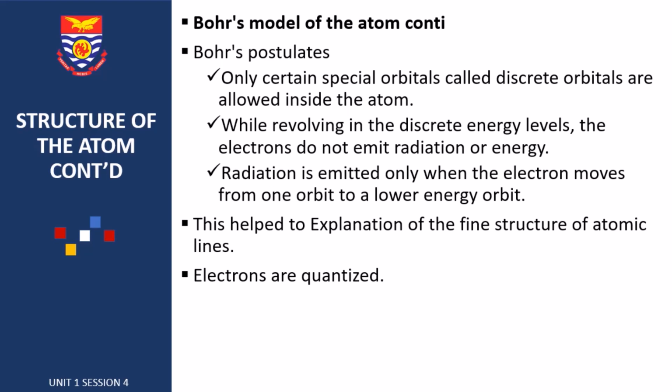So Bohr made certain postulates to further explain Rutherford's model. He says that only certain special orbitals called discrete orbitals are allowed inside the atom, which means that even though the electrons are found around the nucleus, they are found at specific positions. And he also said, while revolving in the discrete energy levels, the electrons do not emit radiation.